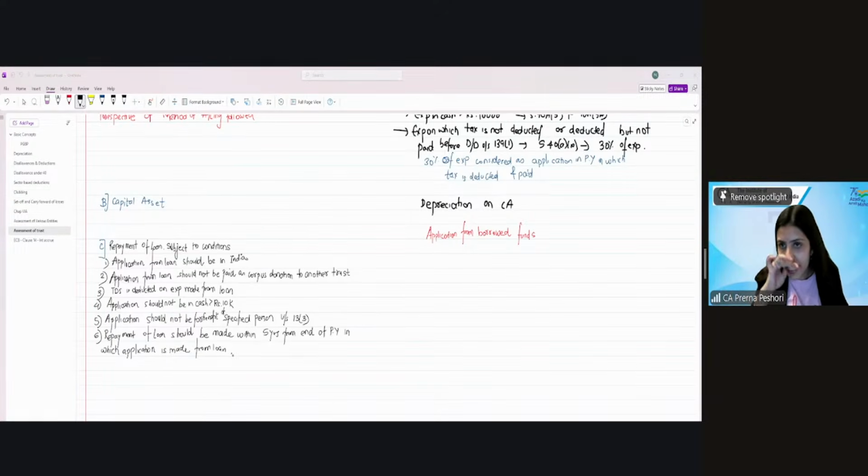We'll talk about that. But let us understand, let's say, for example, if I have taken 15 lakh as a loan, and 5 lakh is applied for purchase of building.